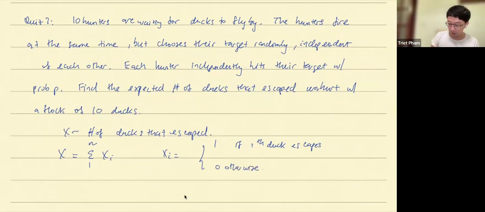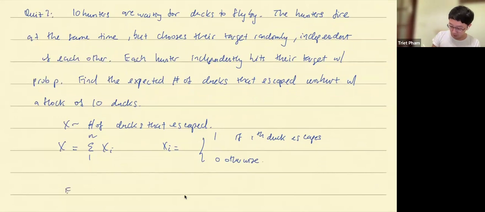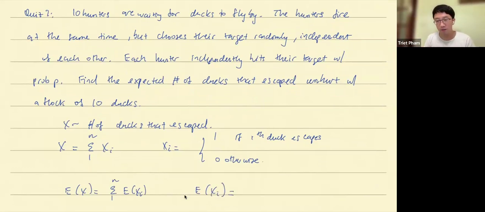Okay. So the expectation of X will be the sum of the expectations of Xi, and we just need to find the expectation of Xi. It's pretty clear that all the Xi have the same expectation because of symmetry. So we just have to find 1, for i from 1 to 10.